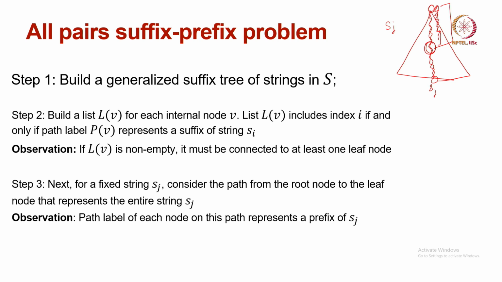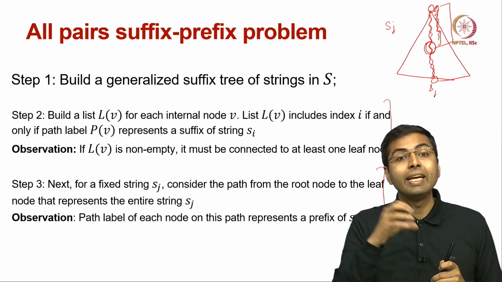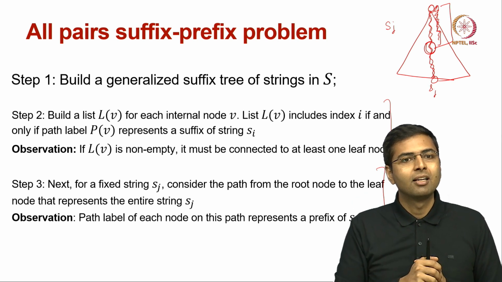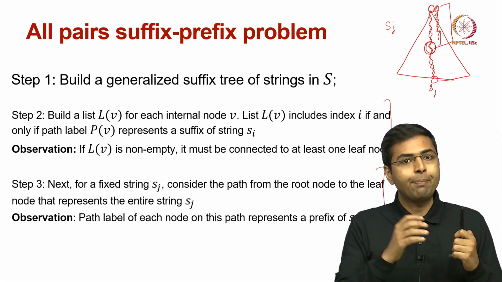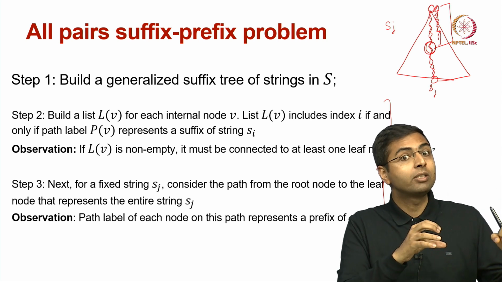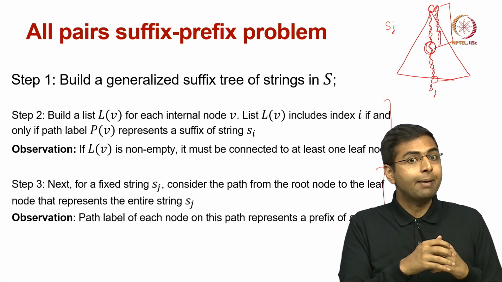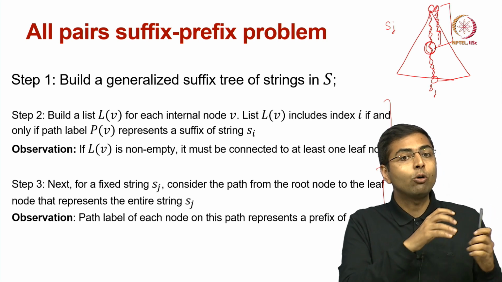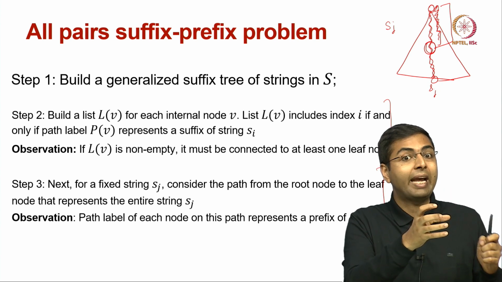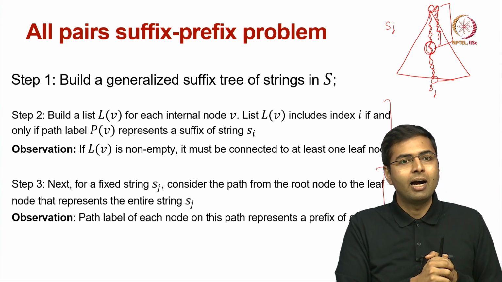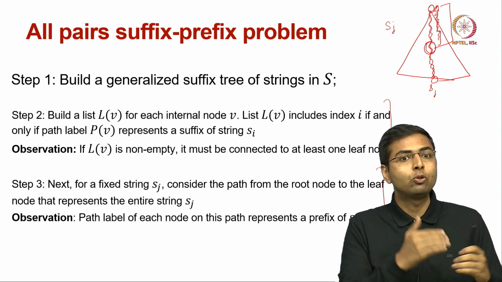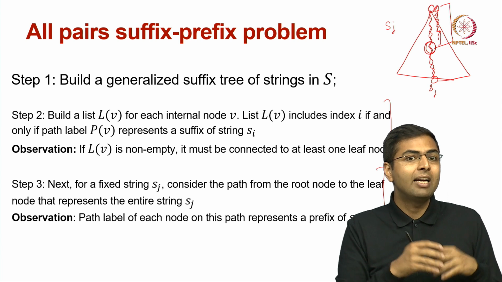So, observe that this step gives me access to prefixes of Sj, and in some sense step 2 gives me some information about where the suffixes are ending, right. So, step 2 tells me at what nodes the suffixes are ending, and step 3 gives me access to how to fetch the prefixes of string Sj. I have to somehow cleverly combine these two steps and build an efficient algorithm.